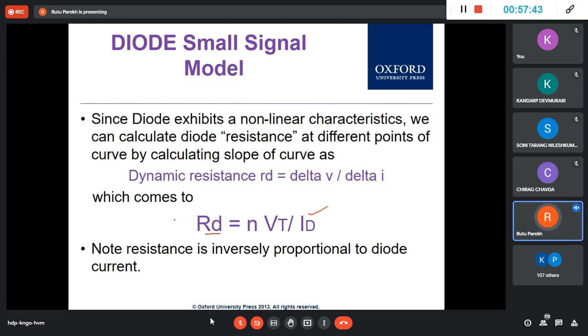One is increasing, the other is decreasing, inversely proportional. Is that clear? Yes, ma'am. Good. So for a given current, you can find out this RD. And this current is a function of voltage again, okay?